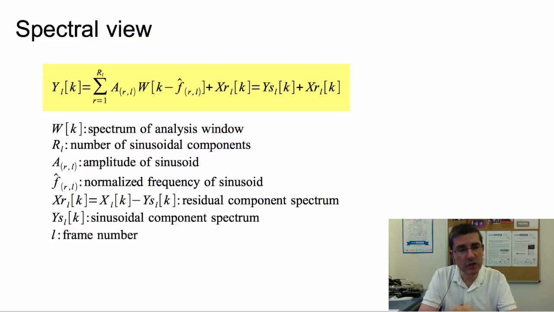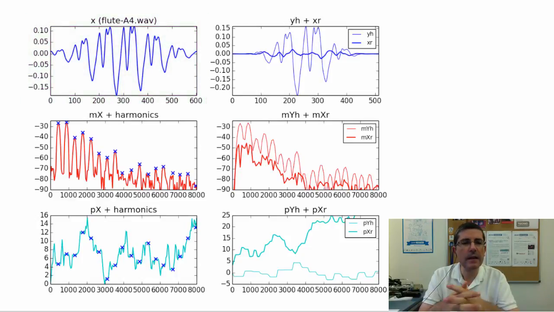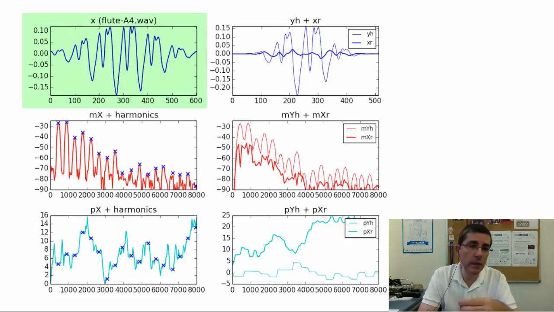Okay, so let's show an example exactly how this will work. This is one frame of a sound, and here we can show the different steps involved in this harmonic plus residual analysis. On the left top we see our windowed frame of a flute sound.